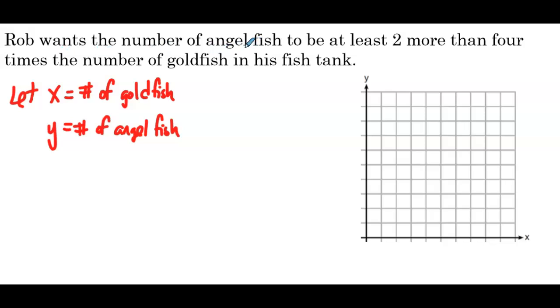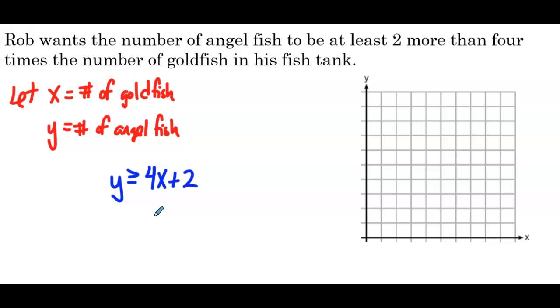So Rob wants the number of angelfish, so he wants y to be at least, so greater than or equal to, 2 more than 4 times the number of goldfish. So 4 times the number of goldfish, and then 2 more than that, so plus 2.